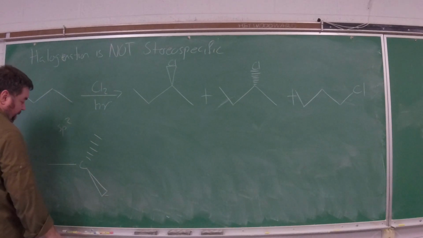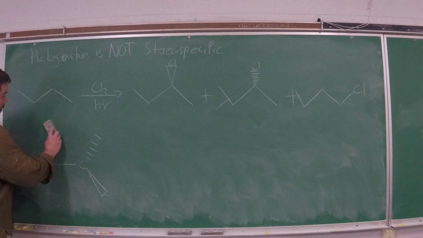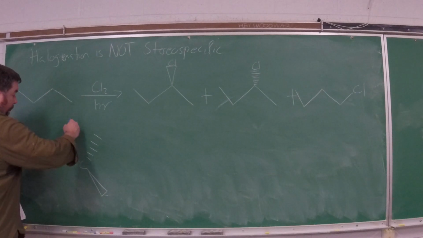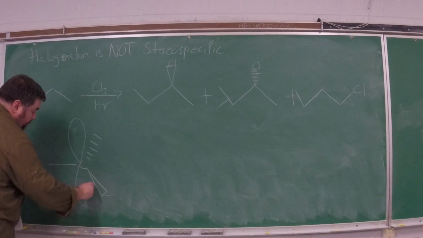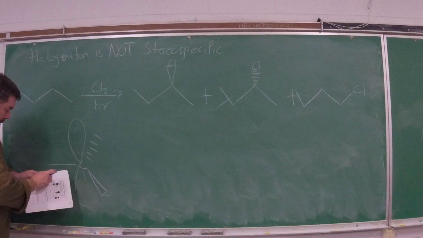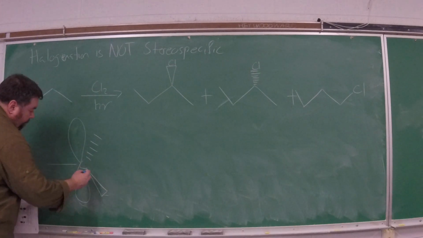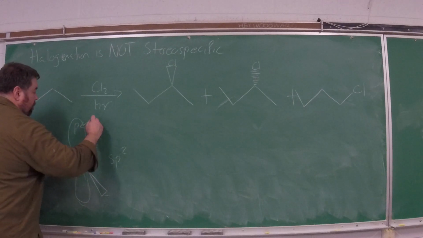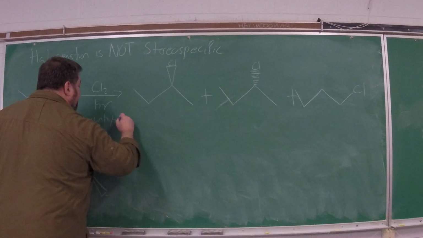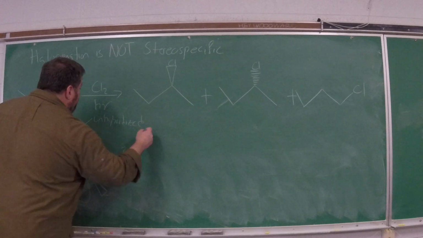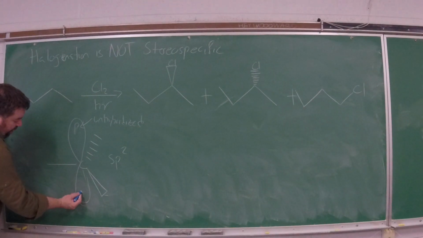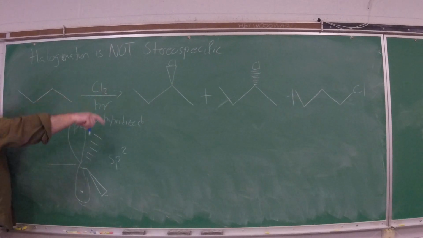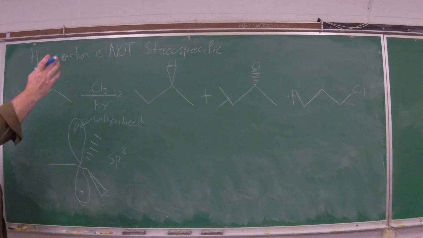This will be the sp2 hybridization, right? We had this unhybridized p orbital in sp2. This is an unhybridized p orbital. So you can see the chlorine can come from either way. And you get your racemic mixture, right?